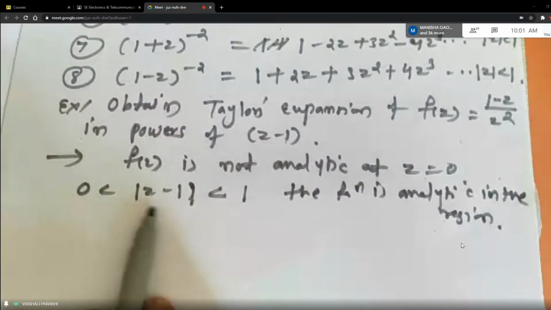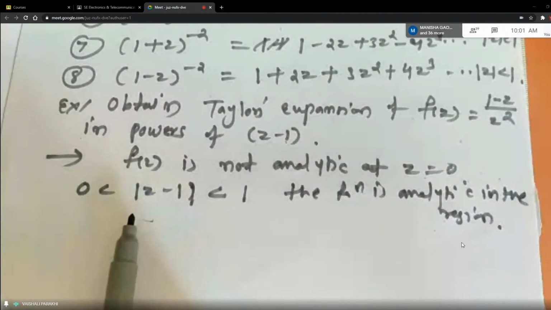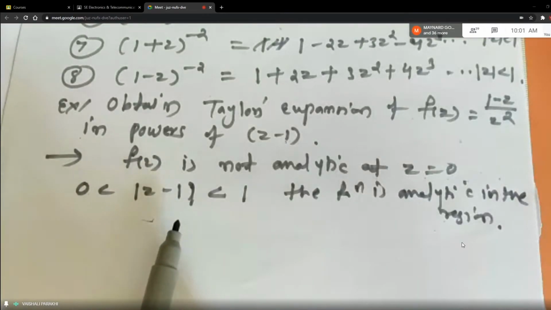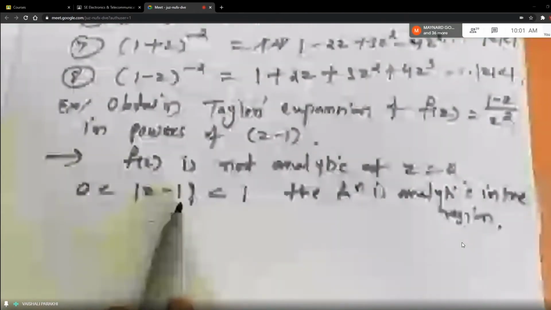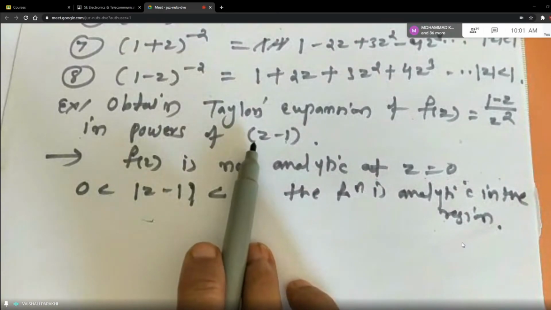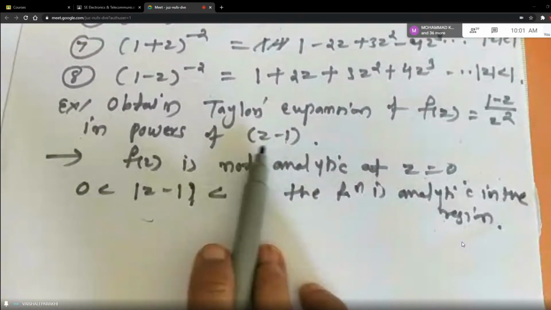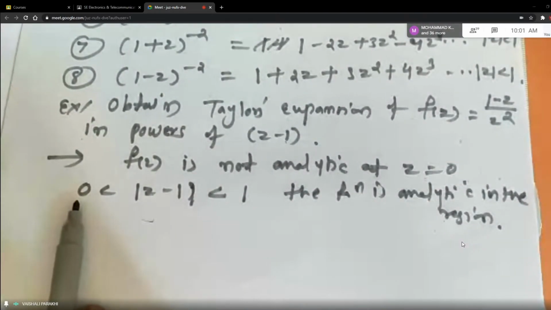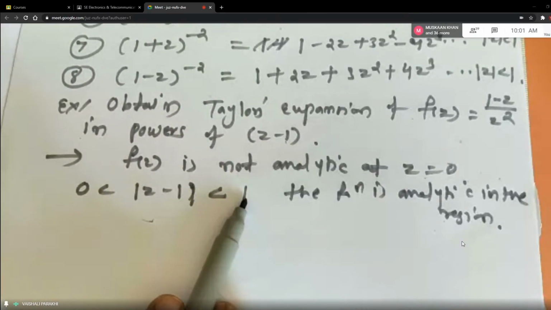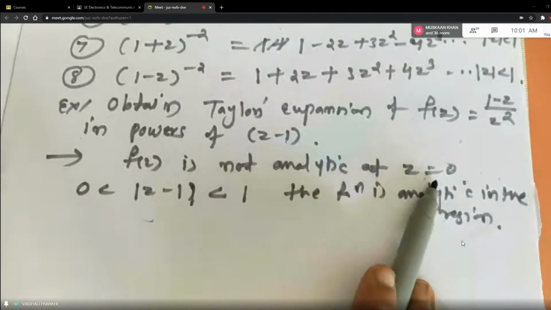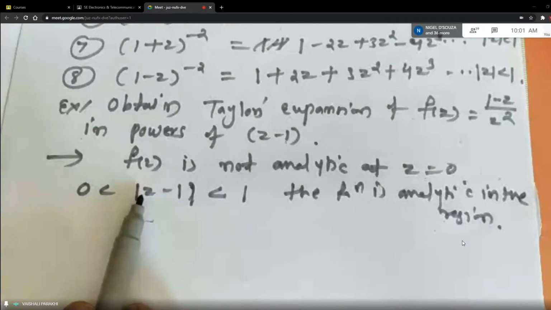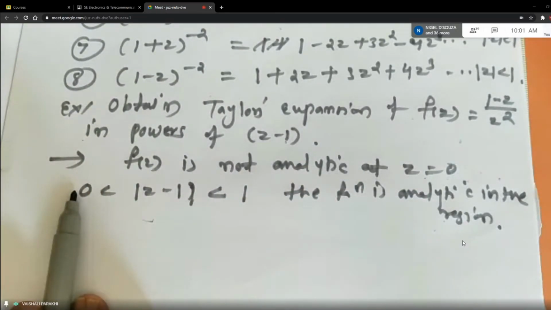From where this z minus 1 is coming into the picture? See, there are two different methods. Both methods I will show you. Why z minus 1 is coming into the picture? Because you are going to write the expansion in the powers of z minus 1. So this z minus 1 has to be in between 0 to 1. Why? Because z equal to 0 should not reflect. So if you take minus 1 to other side, it will become plus 1.